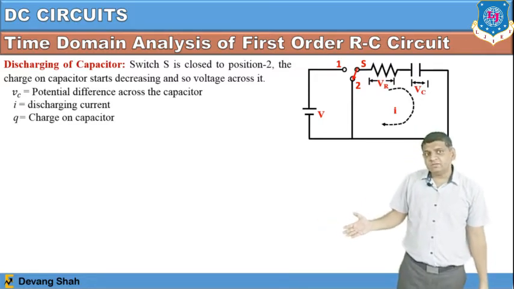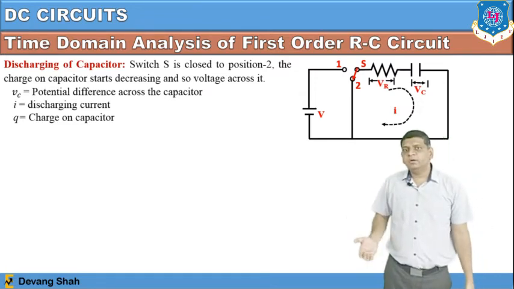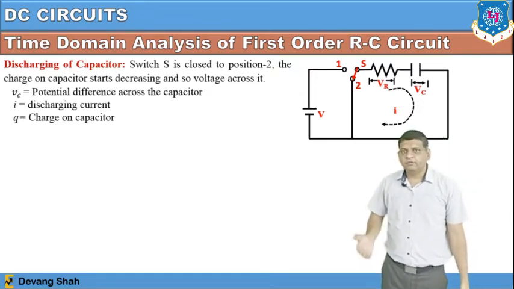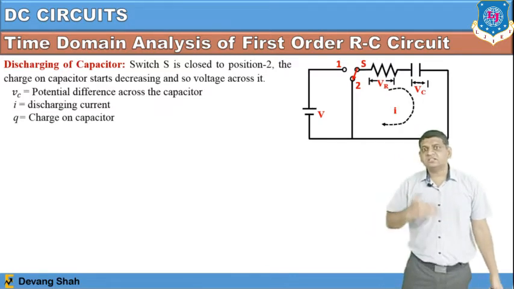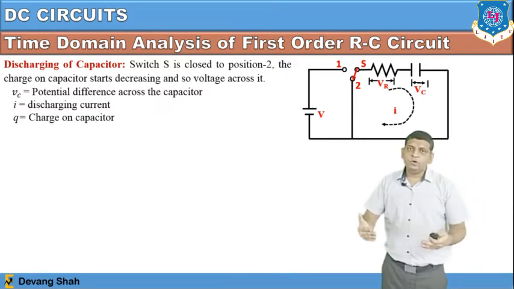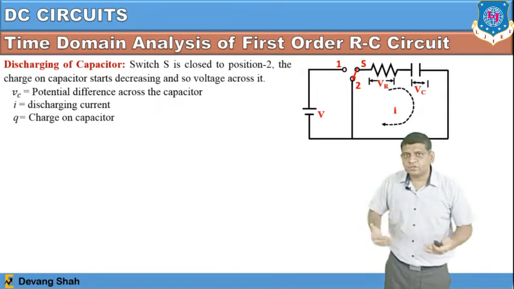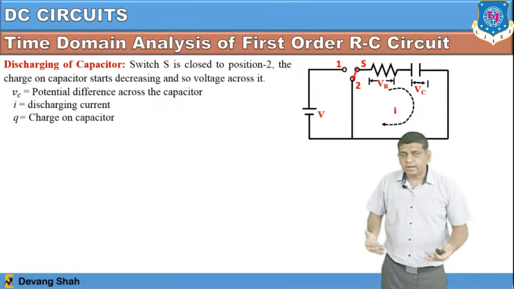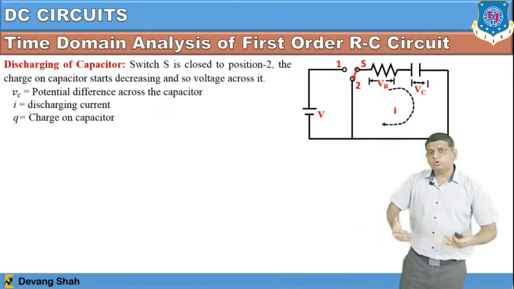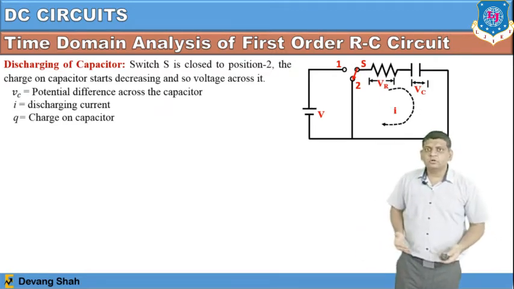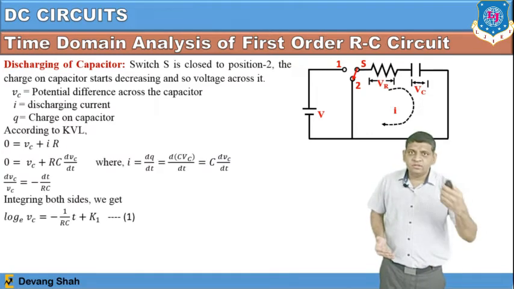So my effective circuit is only the series combination of R and C, where the capacitor now acts as a voltage source and starts discharging. I want to find the voltage drop across the capacitor, or the discharging voltage across the capacitor, in this particular circuit.